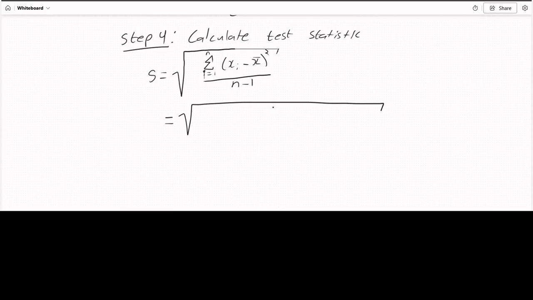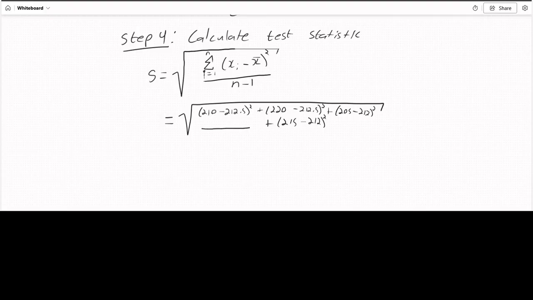So we start with the first data point, 210, minus the average we just found, the sample average, 212.5, squared, plus the second data point, 220 minus 212.5 squared, plus the third data point, 205 minus 212.5 squared, plus the last data point, 215 minus 212.5 squared.